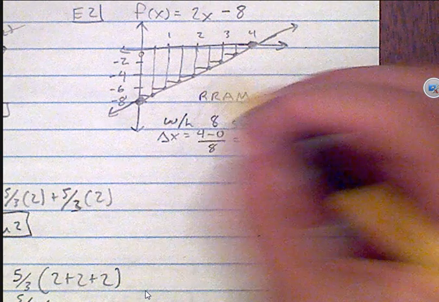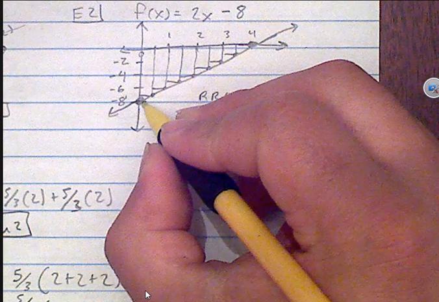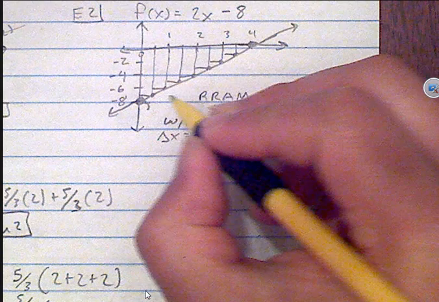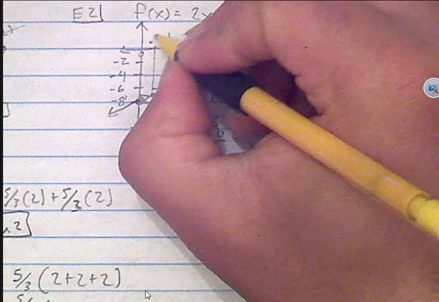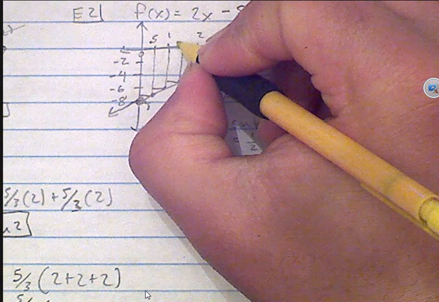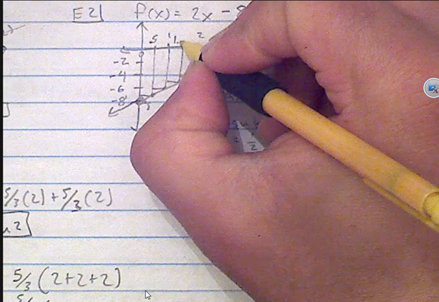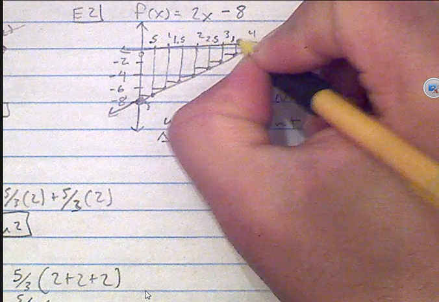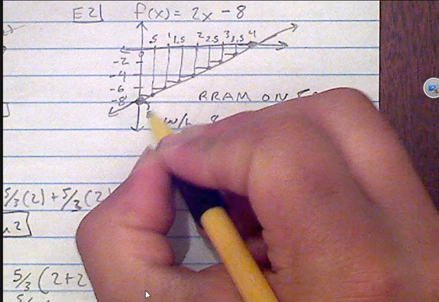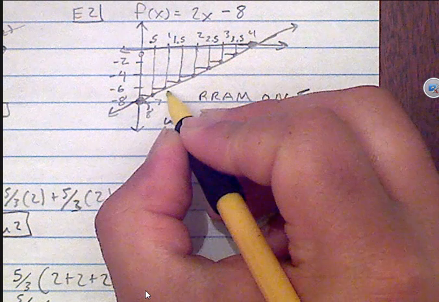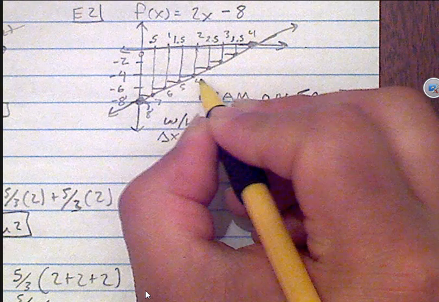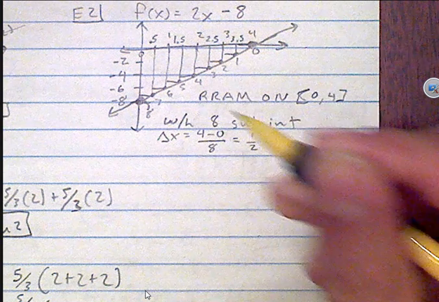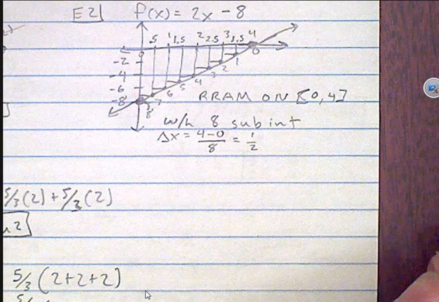I'm just going to write out how tall each point is, because we know what the x values are. So this is 8, then 7, then 6, 5, 4, 3, 2, 1, 0. There's actually a height of 0. And this is what we call a lower sum.